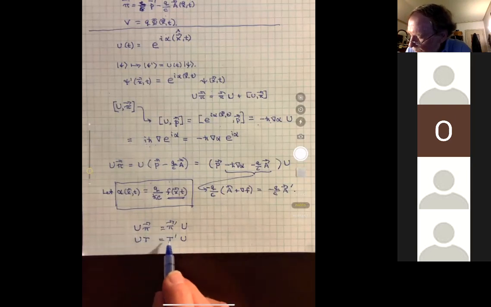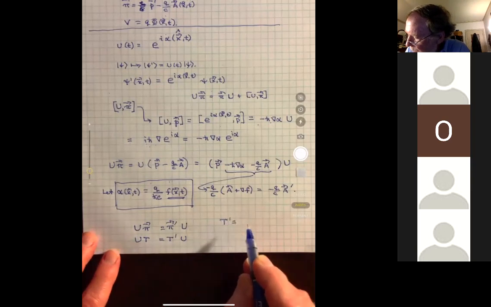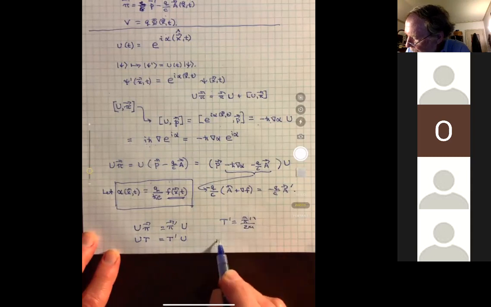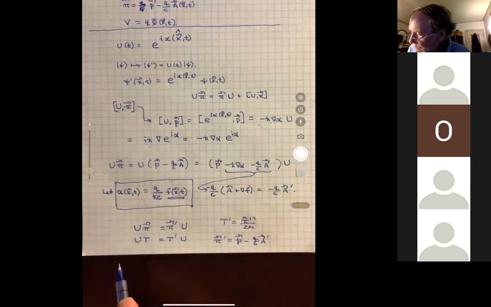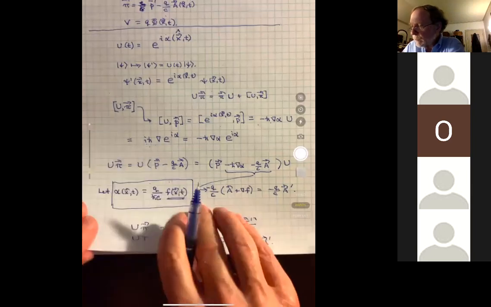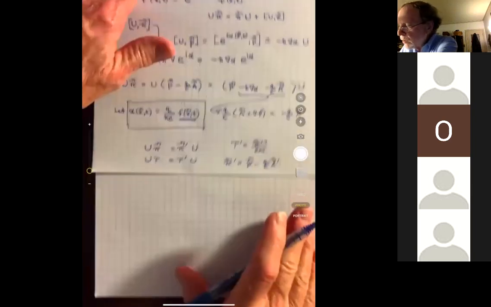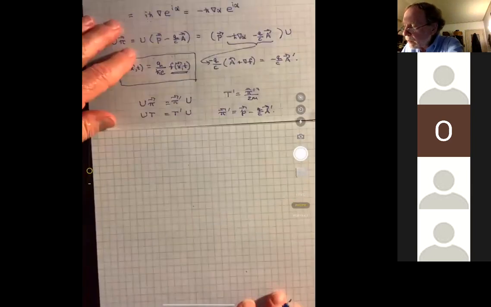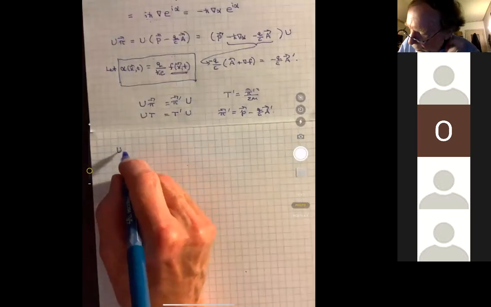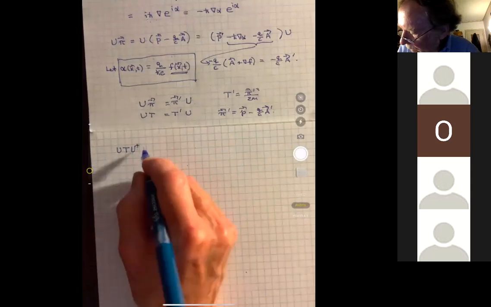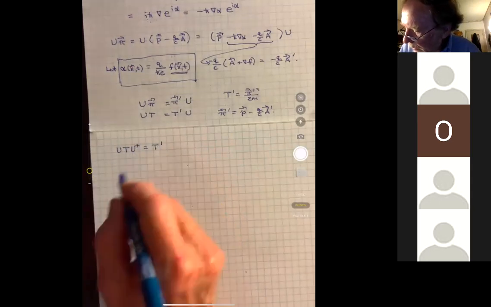Each pi gets converted into pi prime, where t prime is equal to pi prime squared over 2m. And if we're to be explicit, pi prime is equal to p minus q over c a prime, the gauge transform potential. All right. And so u t u dagger is equal to t prime, the kinetic energy.